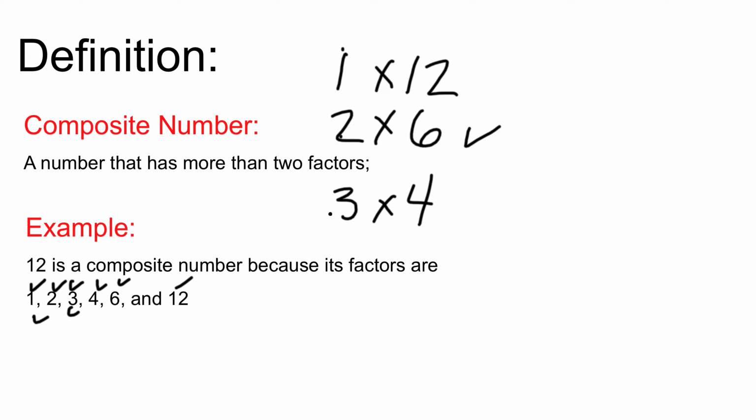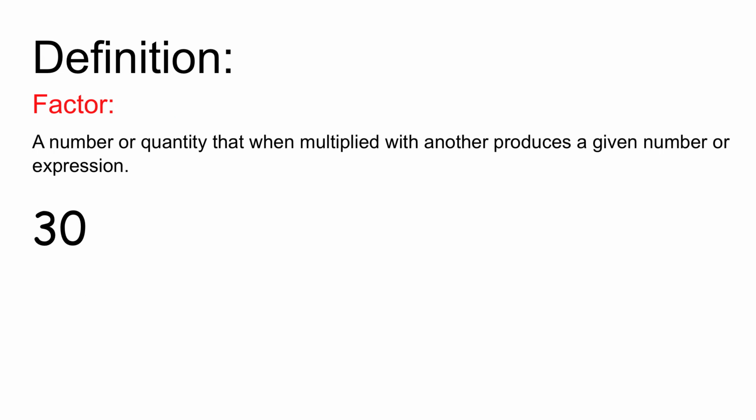So next one. Before I go on, any questions? Good. We continue. We've been talking about factors. What's a factor? A factor, according to Nelson, is a number or quantity that when multiplied with another produces a given number or expression. Or in English, it's what numbers you multiply to make the number, for example, 30.